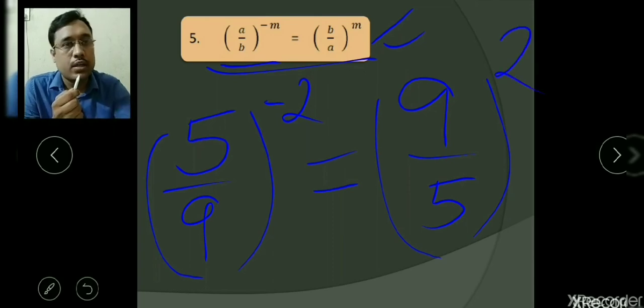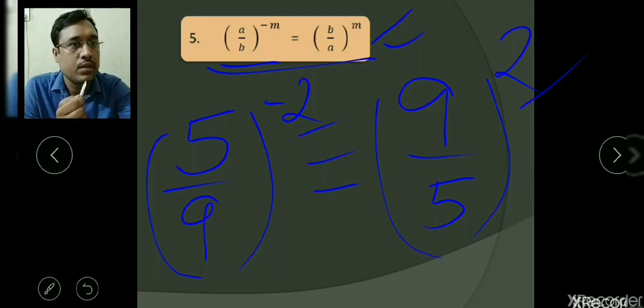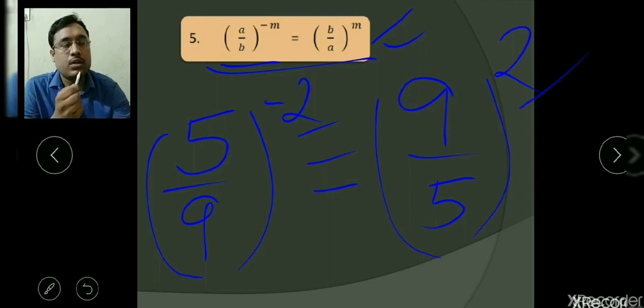Okay, if you take the reciprocal of the base, the reciprocal of 5 by 9 is 9 by 5, then the sign of the power will be changed. Here it is minus 2 power, so here you will change the sign to plus 2. So now the result will be what? 9 square by 5 square, because this power 2 will come on both the numerator and denominator.